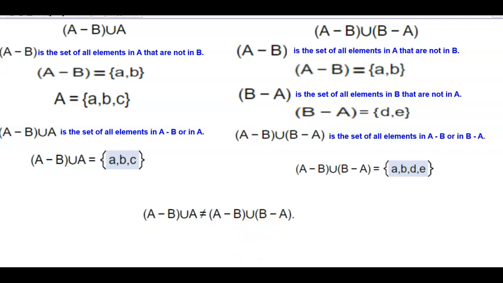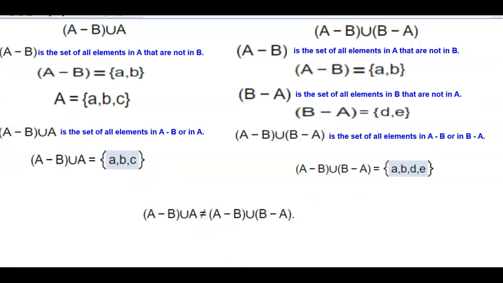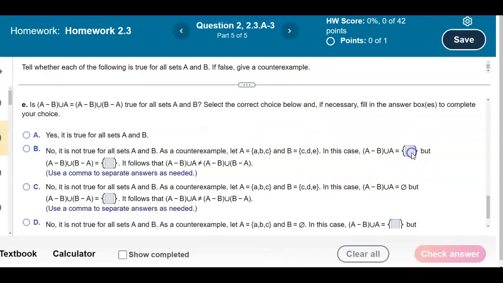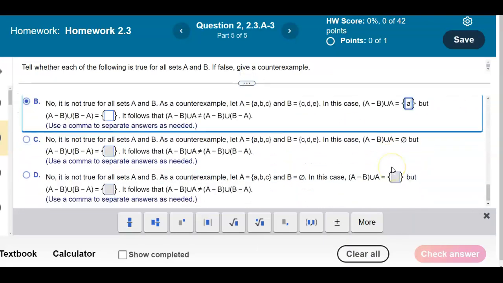Now let's go ahead and answer our question. So we know it's not true for all sets, right? And so we know that we chose {a, b, c} and {c, d, e}. And so we know that the first one that we got, which was the union, was a, b, c. So therefore, this is a, comma, b, comma, c.